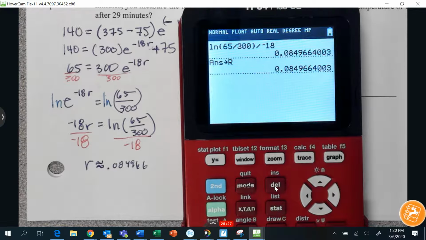Type that on your calculator first. Don't store it. Oh. Good to know.